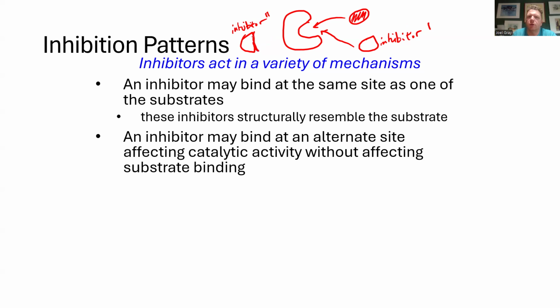And maybe inhibitor 2 binds to this surface of my enzyme and alters it from a different angle. Now, there are also inhibitors that do both. They bind at the active site and resemble a substrate, but they also bind somewhere else.